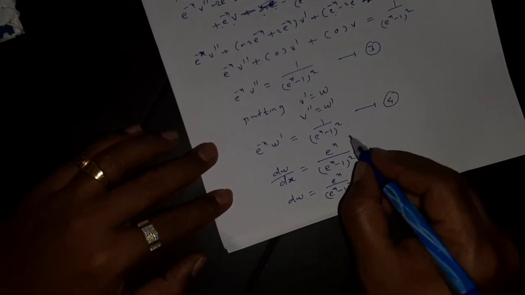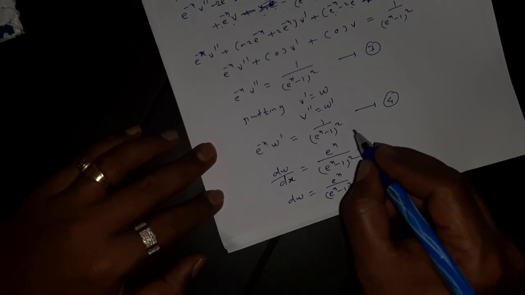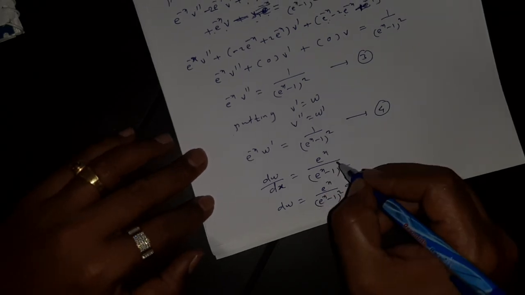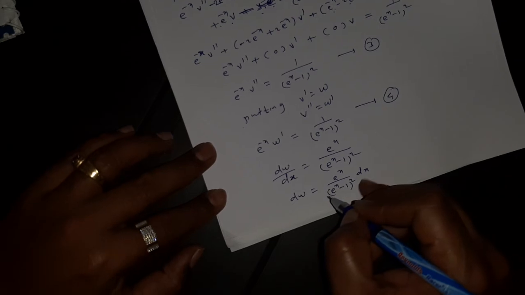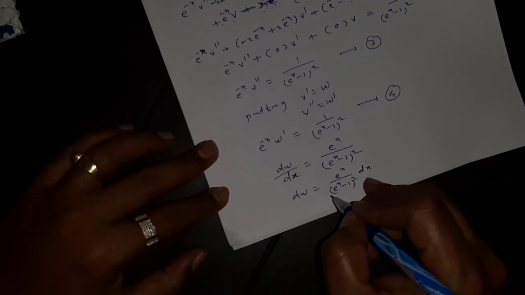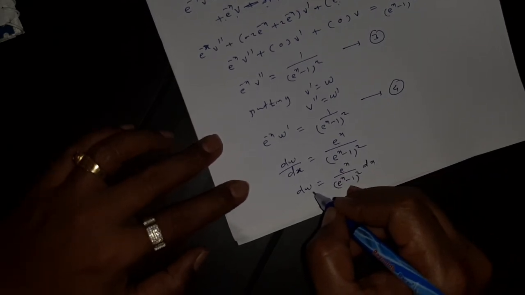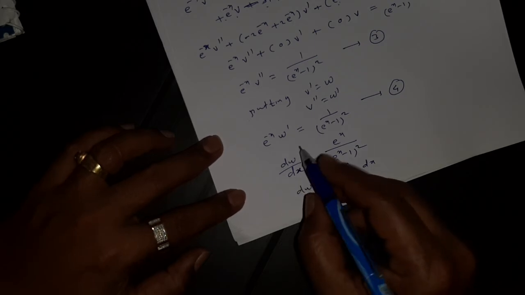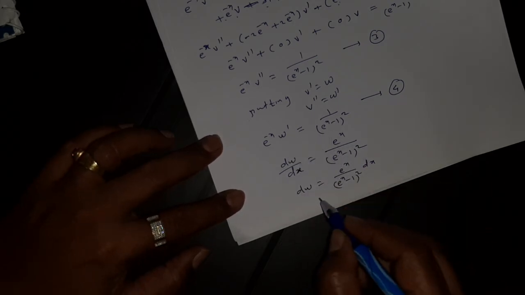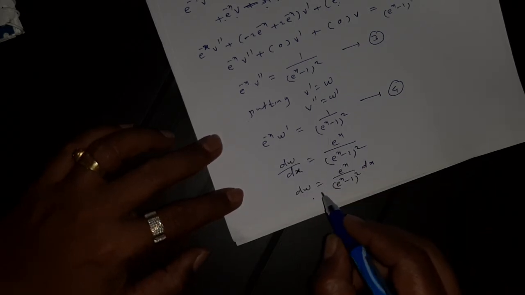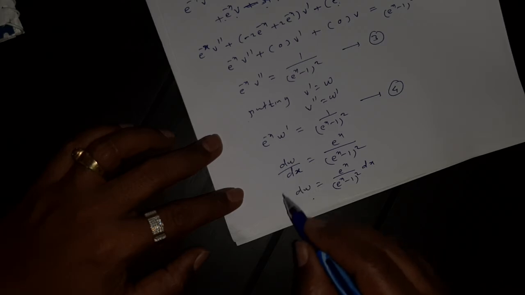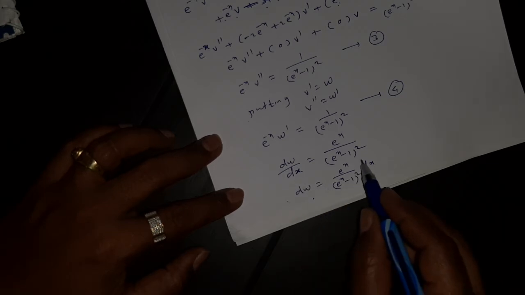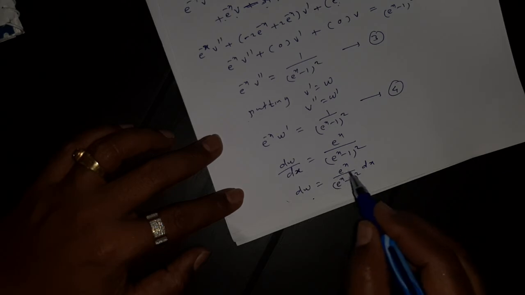So this equation 4 is what? In this example, this equation 4 is in variable separable form. When we say variable separable form, if we separate the variables, there are two variables w and x. So observe this step. The LHS of this step contains terms of w only, and the RHS contains the terms of x.